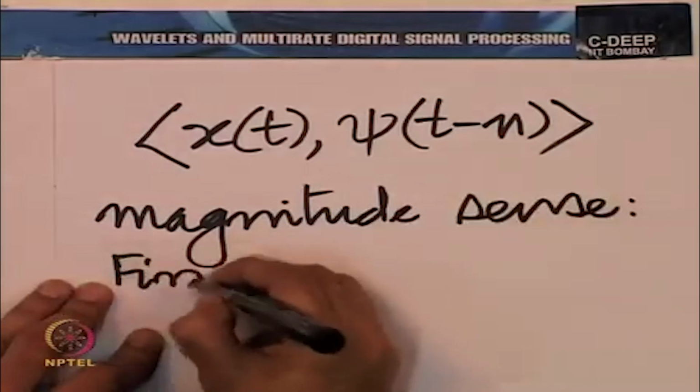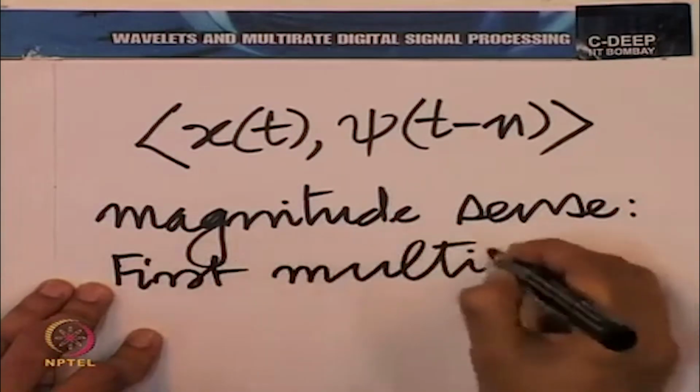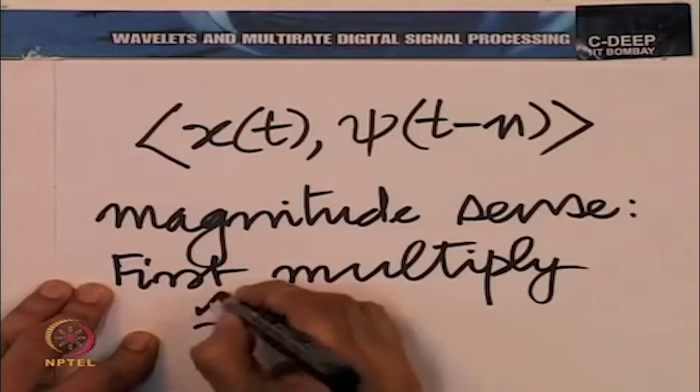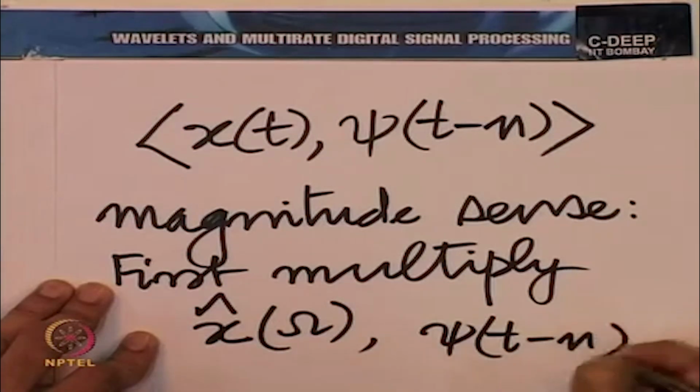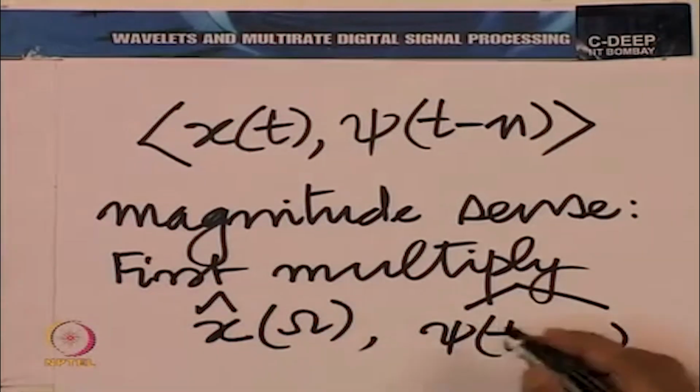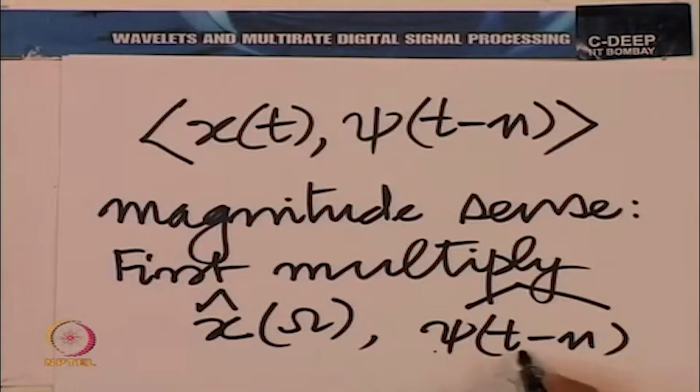We are first multiplying the Fourier transform of x t with the Fourier transform of psi t minus n. This should be understood to mean the Fourier transform of psi t minus n, a cap on the whole function. So, when you multiply them and then integrate, that part of the Fourier transform of psi t minus n, which is significant in magnitude, is going to be extracted out of the Fourier transform of the original function x.